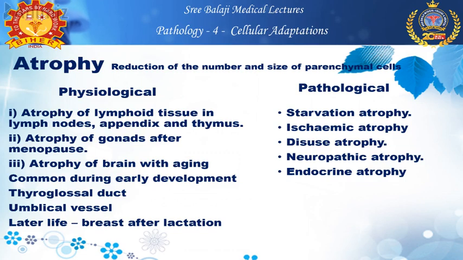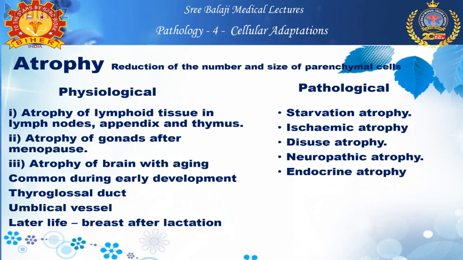So the first one in detail is atrophy. Atrophy is a reduction of the number and size of parenchymal cells. Atrophy is again divided into physiological conditions and pathological conditions. In physiological conditions, it is atrophy of the lymphoid tissue in lymph nodes, appendix, and thymus, atrophy of the gonads after menopause, or atrophy of the brain with aging.